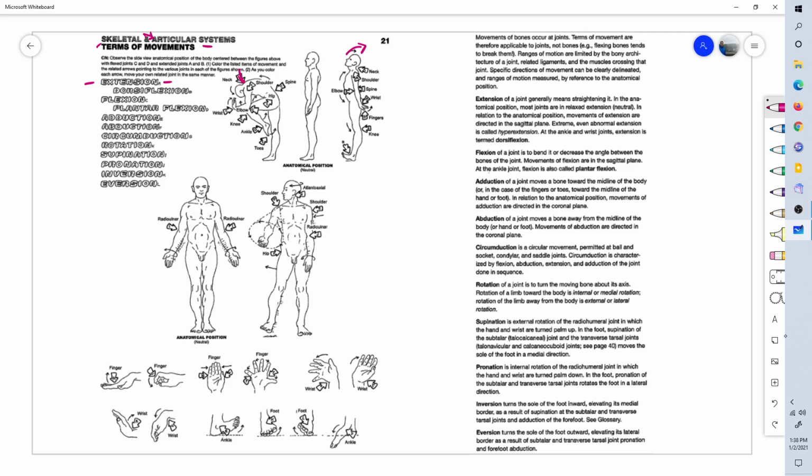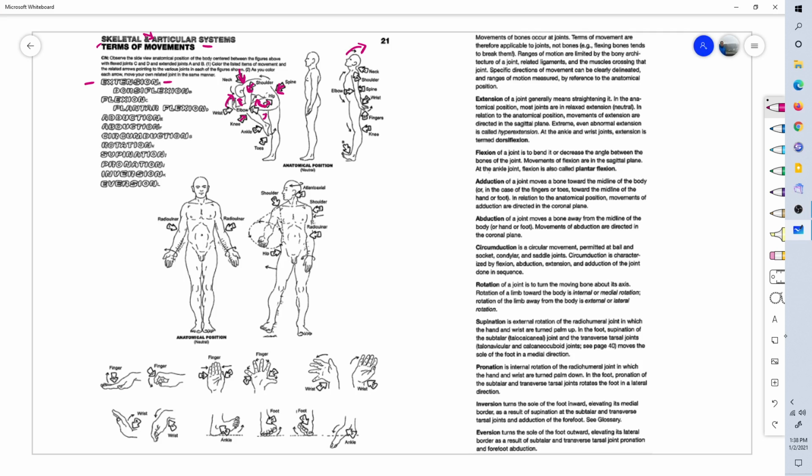You see this person is flexing the neck, flexing the spine forward, flexing the wrist, flexing the elbow, flexing the knee as the knee comes around this way, and flexing the hip upward this way.